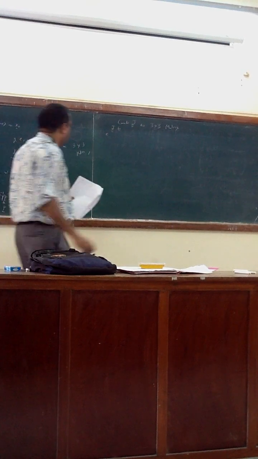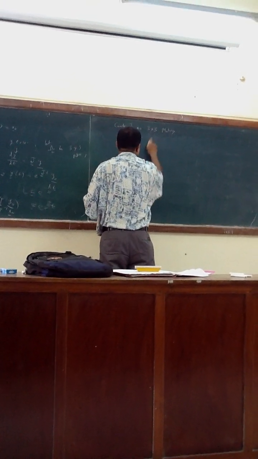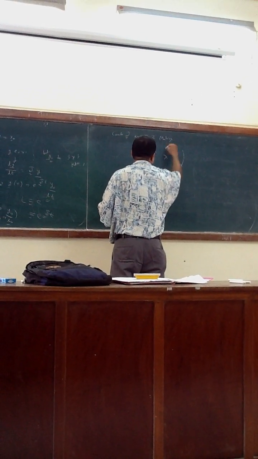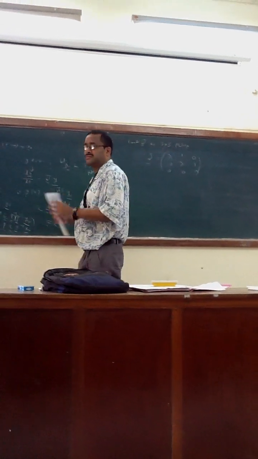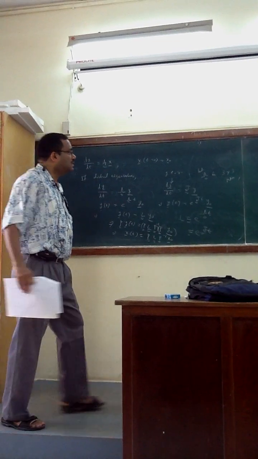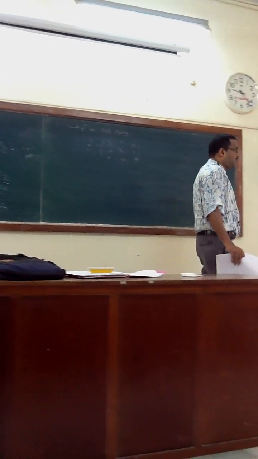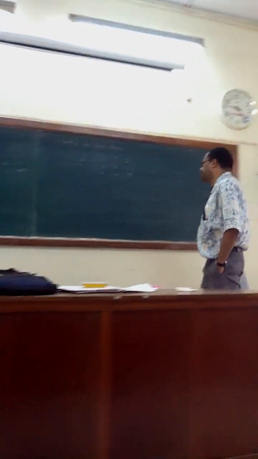And the j matrix, I will be having one of the worst kinds of matrix, which is lambda, lambda, lambda, 1, 0, 1, 0, 0. We can see that it has one eigenvector and two generalized eigenvectors.